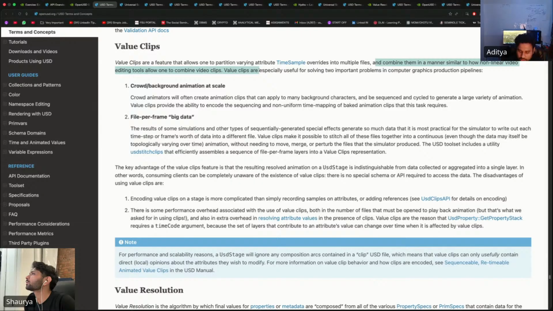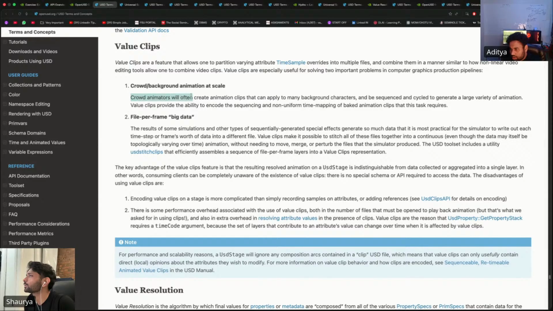Value clips are especially useful for solving two important problems in computer graphics production pipelines: crowd background animation at scale.